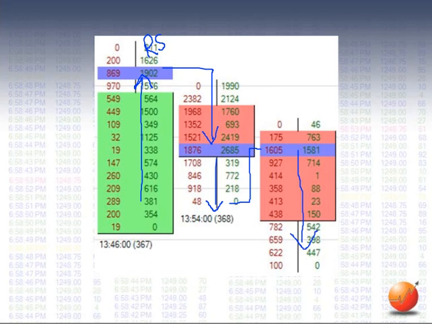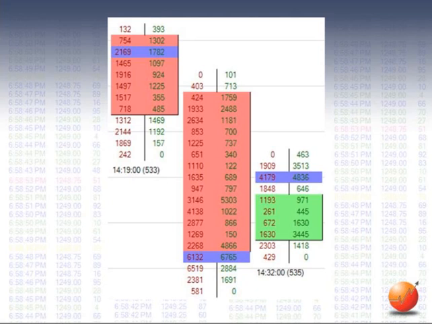Sellers initiate trade again. Trade entry, trade entry. Very good.